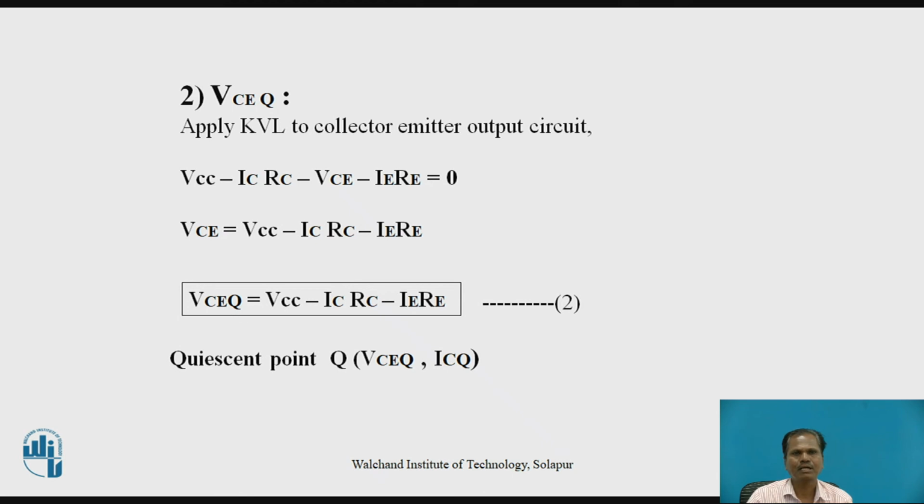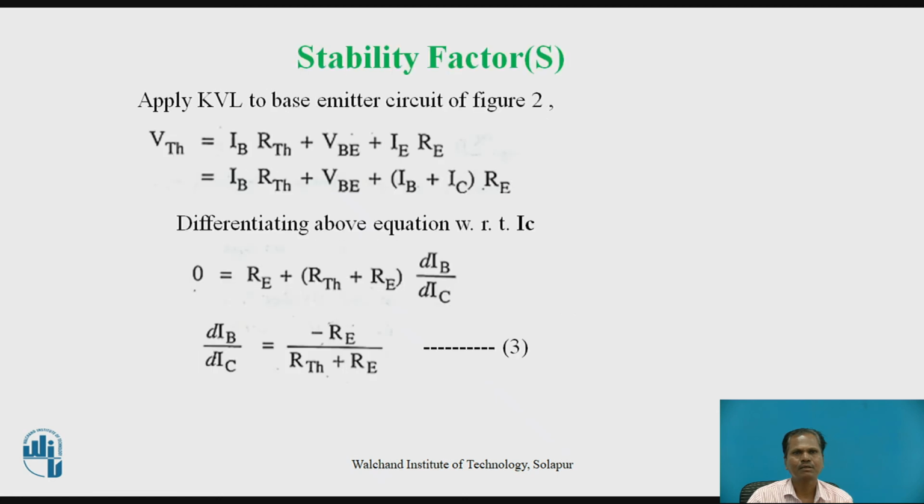So from this we can write the equation for collector to emitter voltage at the Q point, quiescent point, VCQ equal to VCC minus IC RC minus IE into RE. So using equation number 1 and equation number 2, we can get the quiescent point values VCQ and ICQ.